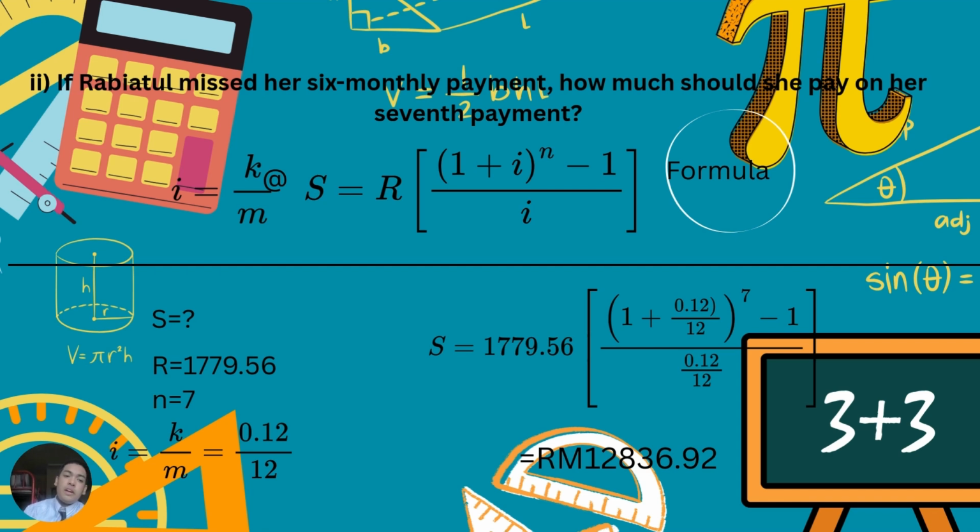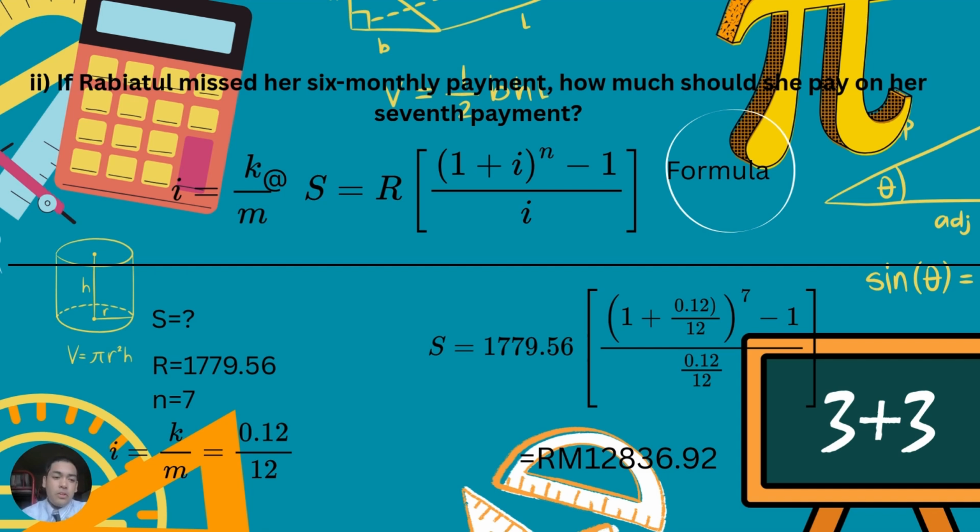First let's bring in all the information that we have. R equals 1779.56. The n, which is her monthly payment in the question, is her 7th payment, and I equals k, the rate, over m, how much it compounds. Then we will get 0.12 divided by 12.